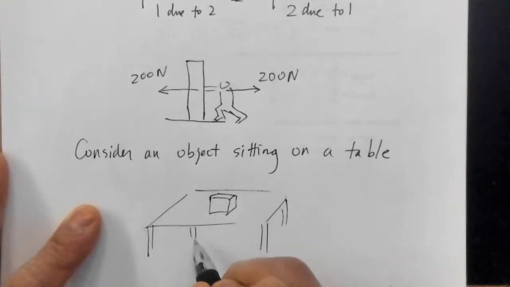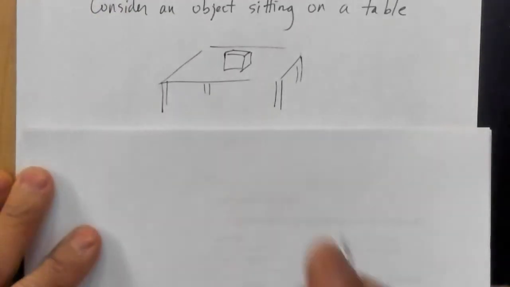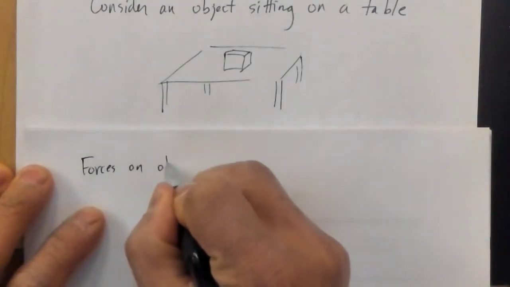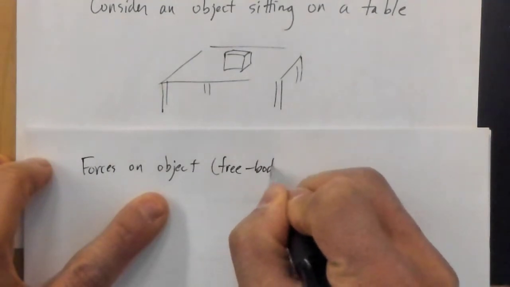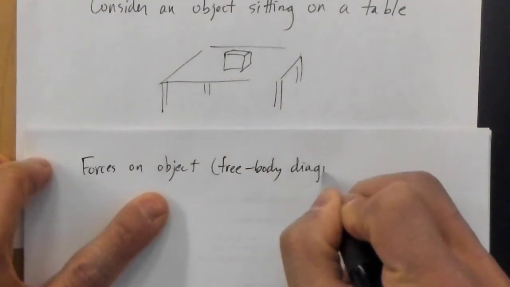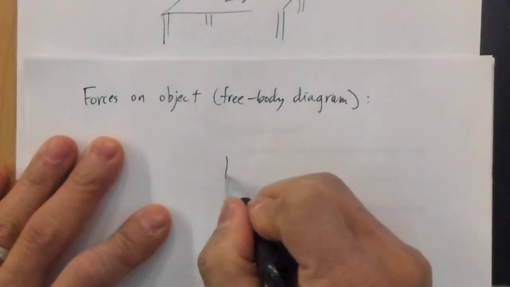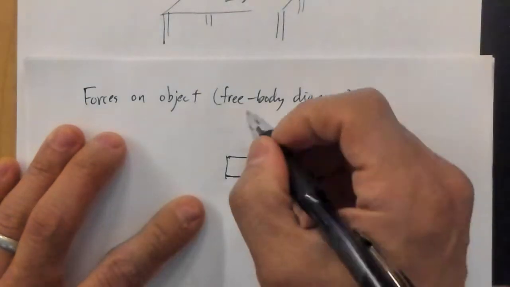You have your table, and we're going to consider the forces on this object. So we're going to do a free body diagram of the forces on the object. Let's just make the object a square so it's easy to draw.